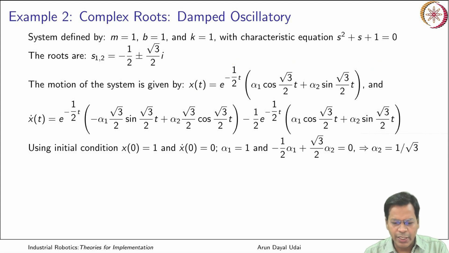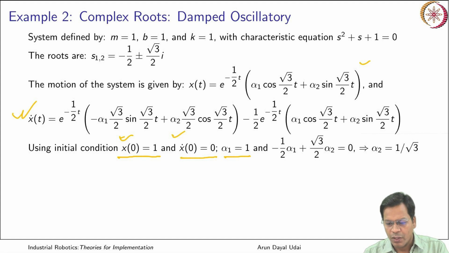When I substitute the initial conditions, that is at time t is equal to 0, x is equal to 1, and similarly for velocity, x dot is equal to 0 at time t is equal to 0, putting these two values in these two equations, I get alpha 1 is equal to 1 and minus 1 by 2 alpha 1 plus root 3 by 2 alpha 2 is equal to 0.